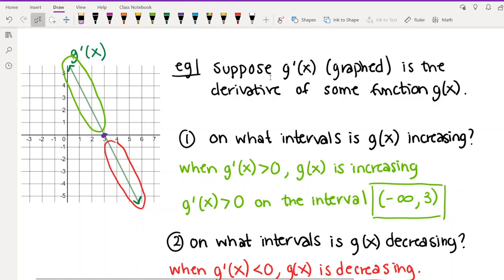Without knowing exactly what the position function of something is, if you know its velocity function, that can tell you things about the motion of the object. And so that's the real world application of what we're doing right here.